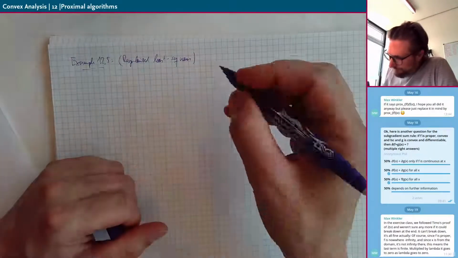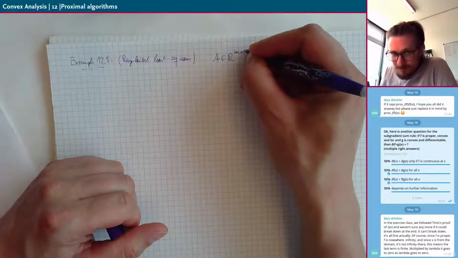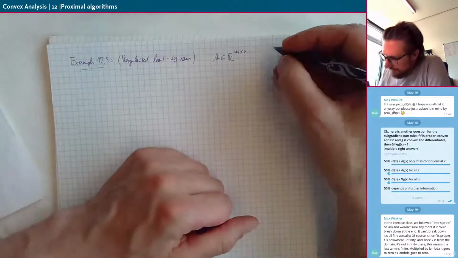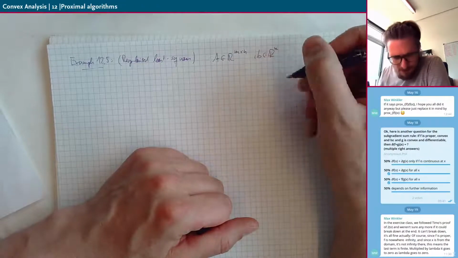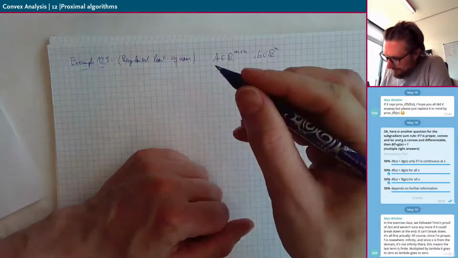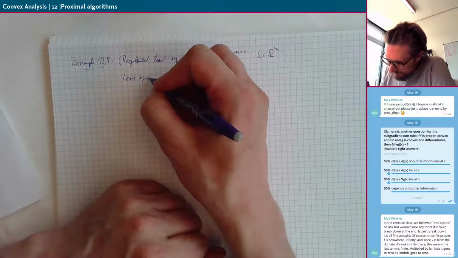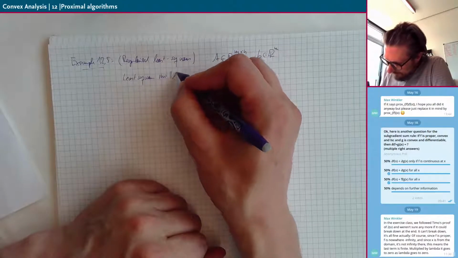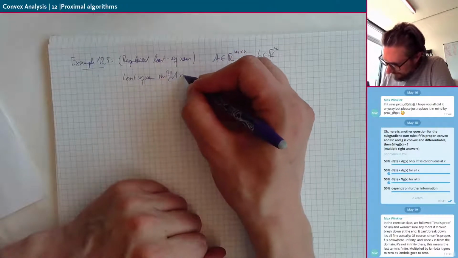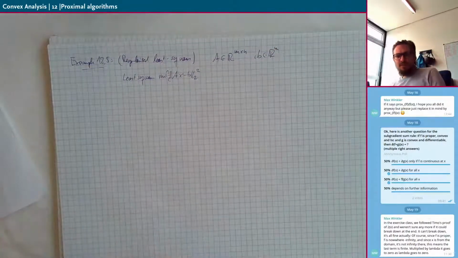Let's say we have an operator, a matrix A of size m by n, and a vector b in R^m, and then you already know the least squares problem. You minimize 1 over 2 the 2-norm squared of Ax minus b, which is still good.